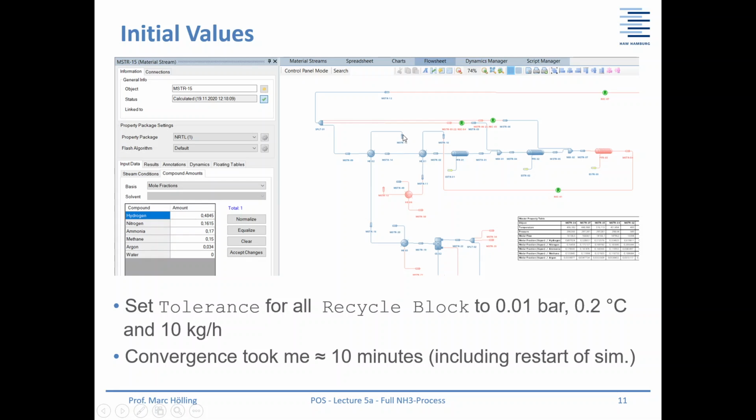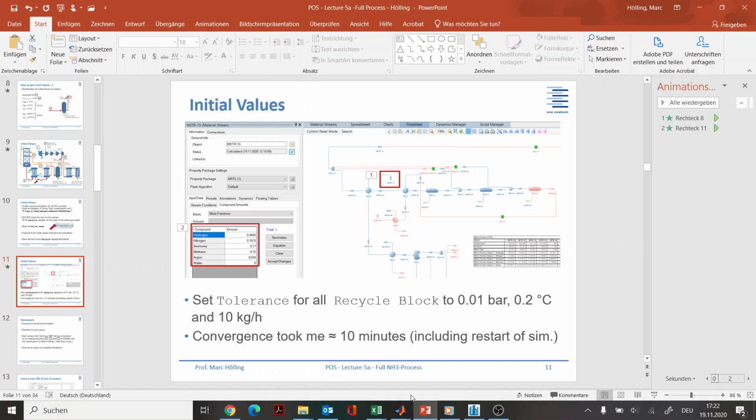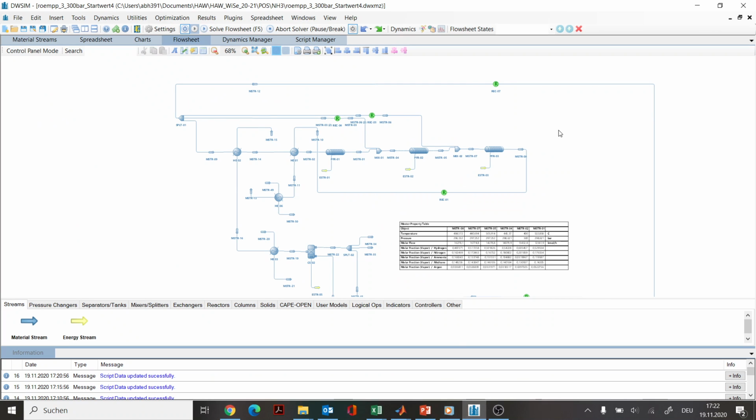And then if I say, okay, this is my initial value, then the whole reactor loop and so on is simulated based on the study. And then hopefully I will get some values here that are not so far off from our starting values. And then afterwards I can start the closed loop simulation. Okay, let's go to DWSIM so that I can show it to you there.